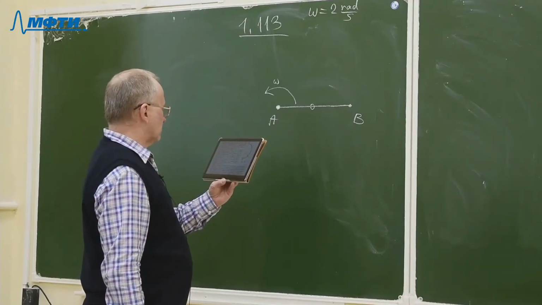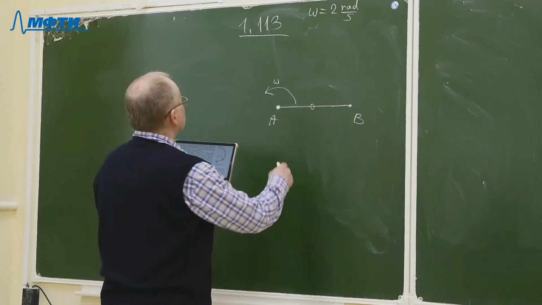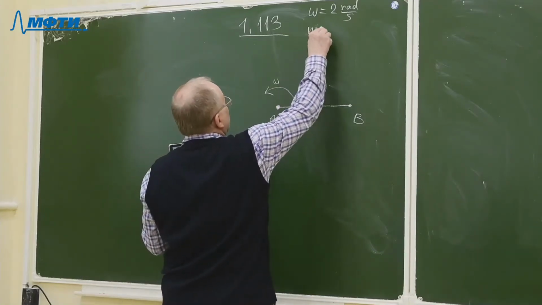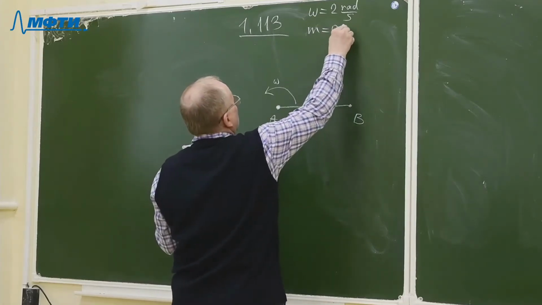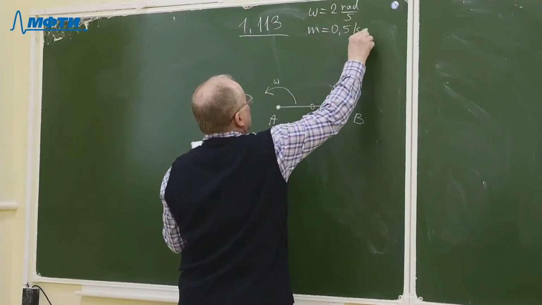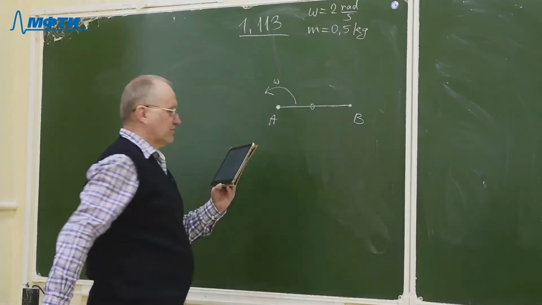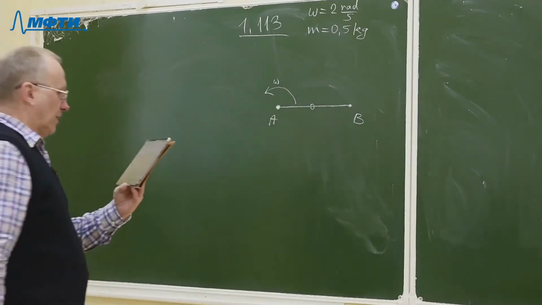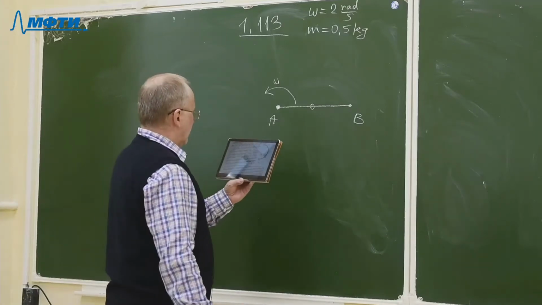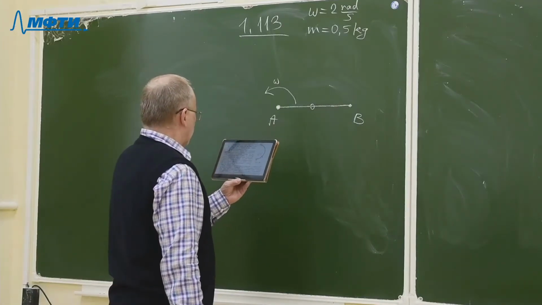So this small ring is of given mass m, 0.5 kilograms. Oh, so it's not a very small ring, it's 0.5 kilograms. It's a sleeve. Okay.